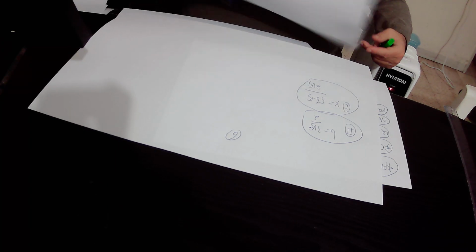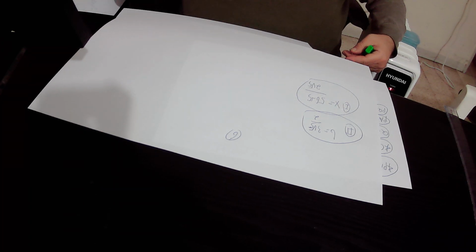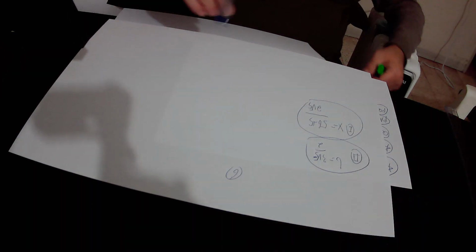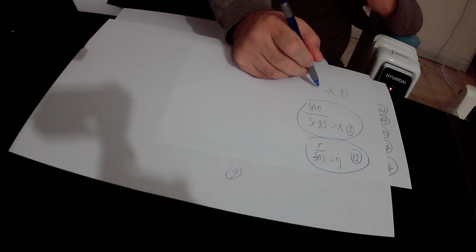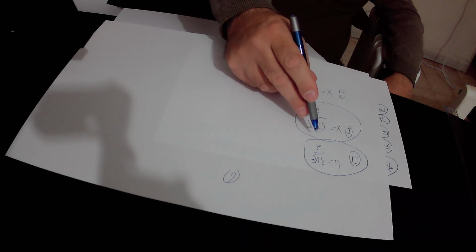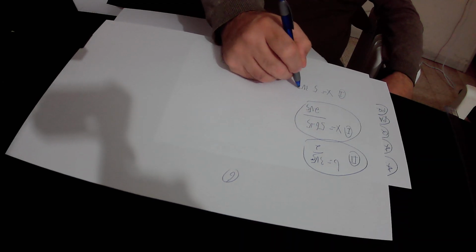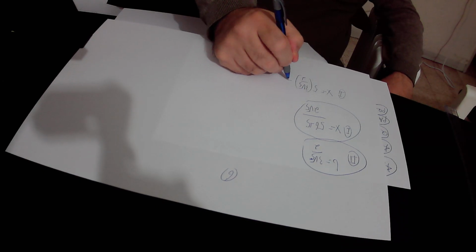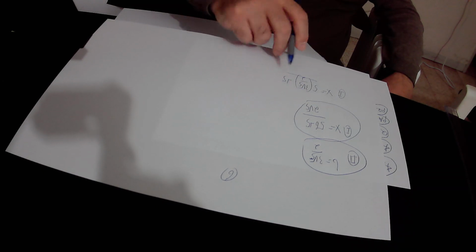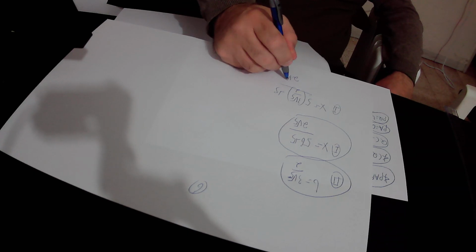We'll do it now, and we get that according to equation number 1, x equals 5b, so it is 5 times b, and b is 3 times square root of 5 over 2, plus 5 over 2 times square root of 5.